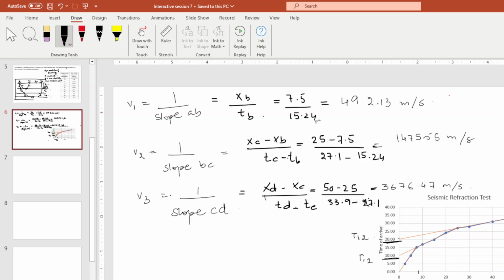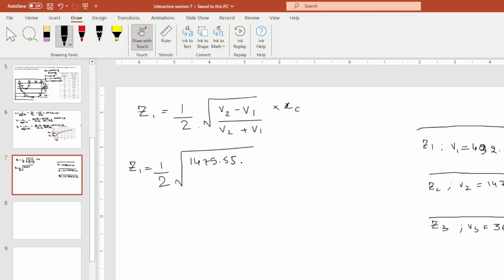How much will Z1 be? Yes, Vanita, how much will this be?